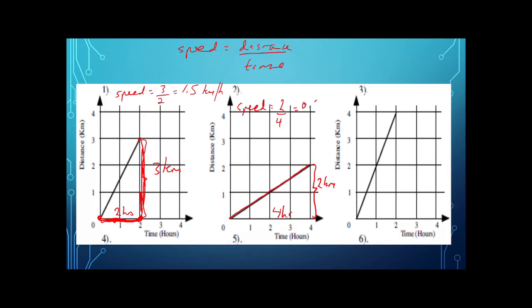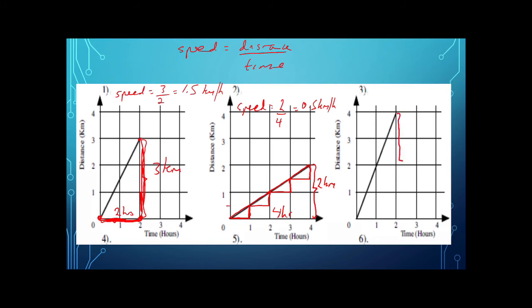So that's going to be 0.5 kilometers per hour. And if you have a look at that, you can see that it makes sense. In that 1 hour, we've travelled 0.5 kilometre. In the next hour, we travel another 0.5 kilometre. In the next hour, we travel another 0.5 kilometre. And in the final hour, we travel that final 0.5 kilometre.